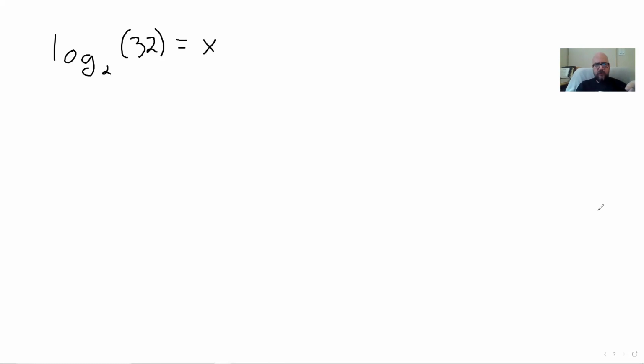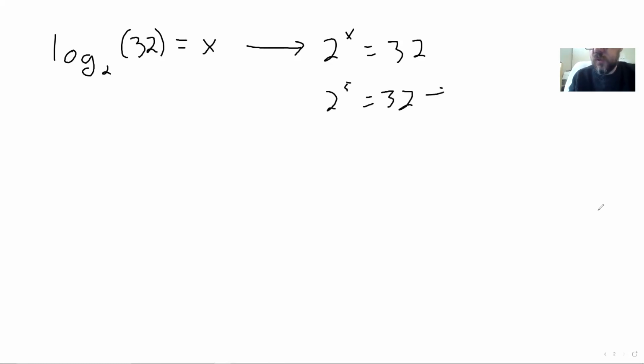Well, that's equivalent to the question 2 to the x equals 32, or put another way, what power do I have to raise 2 to in order to get 32? And a little bit of investigating will tell you that it's 5, that 2 to the 5th is 32, so x equals 5.